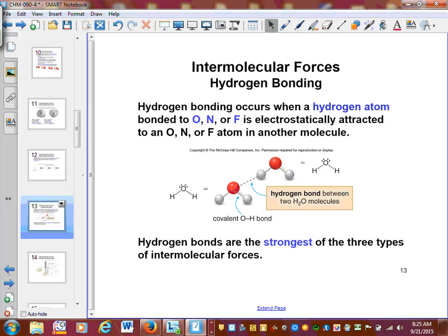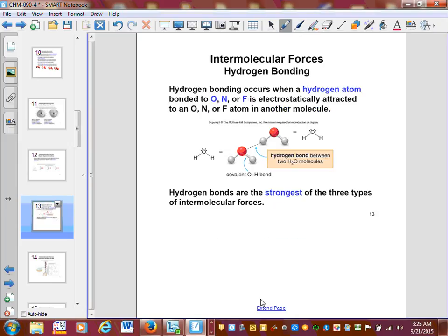Last of the forces are hydrogen bonds. Hydrogen bonds occur when a hydrogen atom is bonded to either oxygen, a nitrogen, or fluorine. So here we have an OH bond. Remember, water is a bent molecule. So the oxygen is a partial negative. The hydrogens have partial positives.